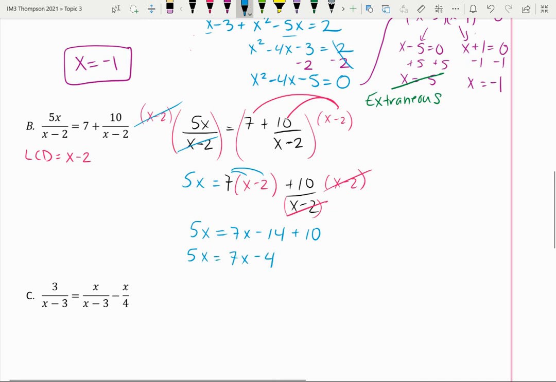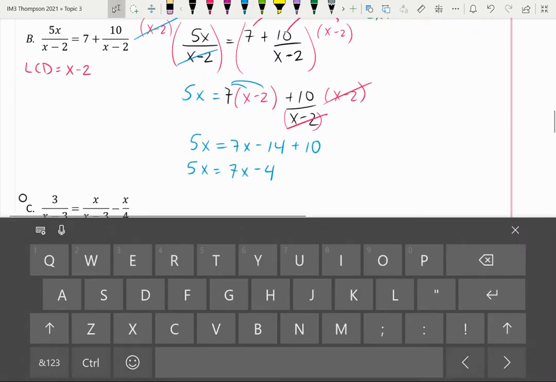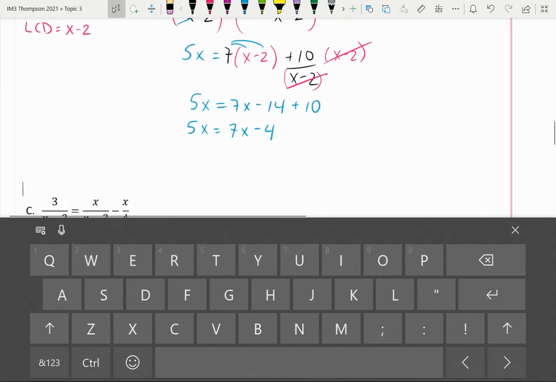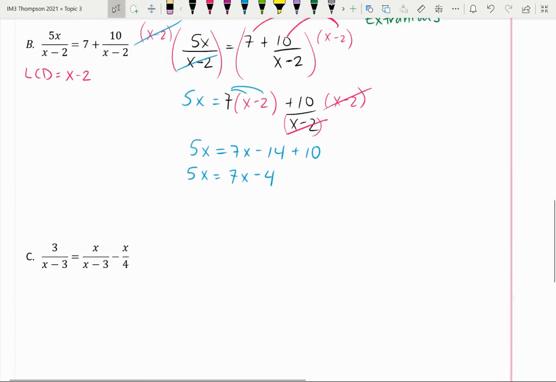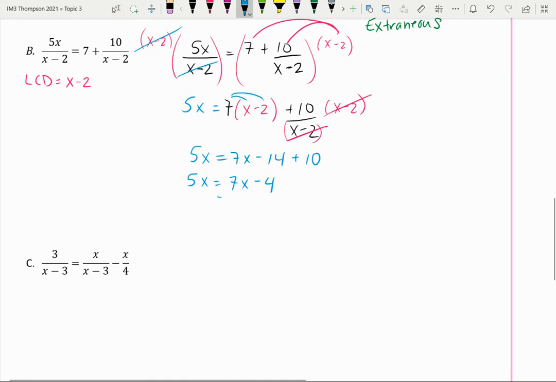Minus 14 plus 10 is minus 4. And I'm just going to solve for x. So I want to get all my x's together on one side and get x by itself. Negative 4 divided by negative 2 is a positive 2.